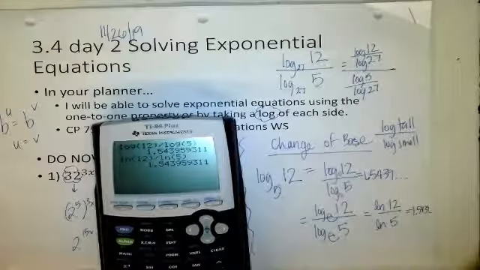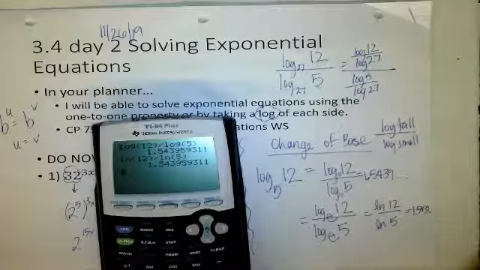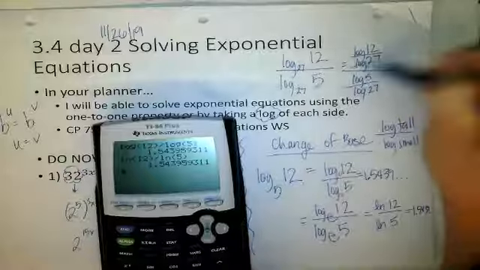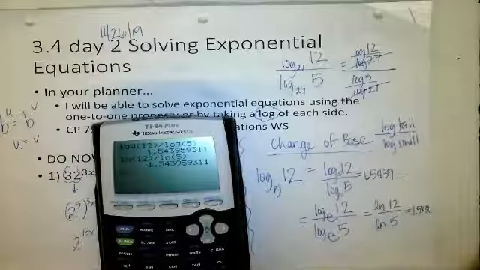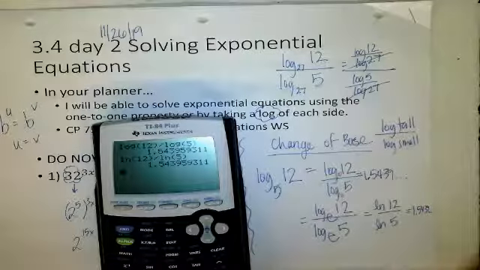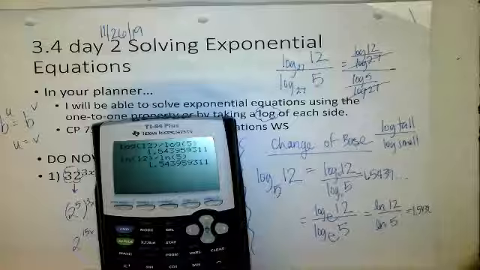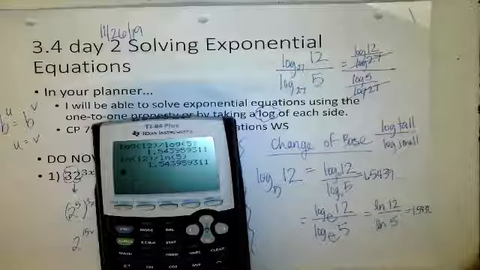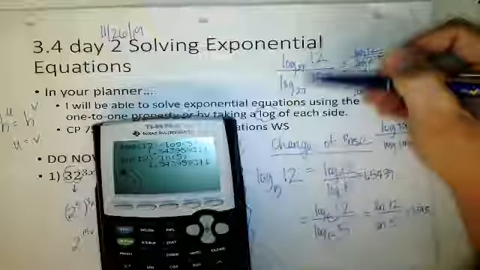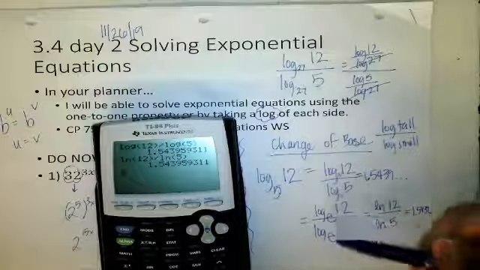How do you deal with a complex fraction? Keep, change, flip. If I flip these, those log base 27s just cancel out, and I'm back to log 12 over log 5. So change of base is kind of crazy. It doesn't matter what the base is. As long as they match, I can use whatever base I want.